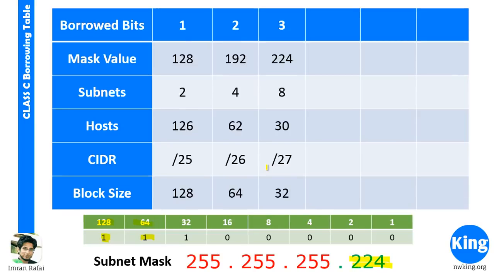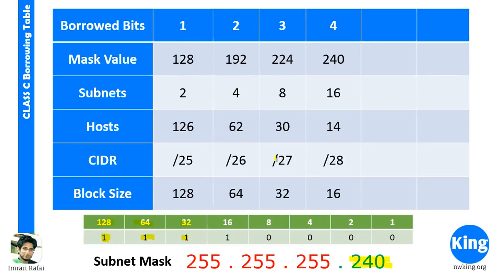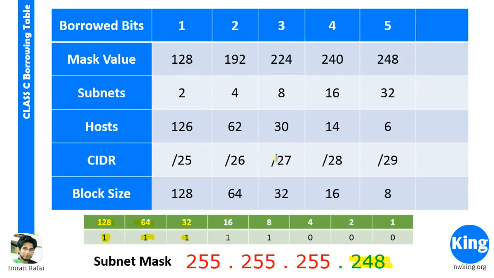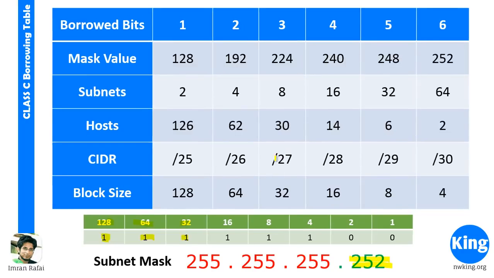Similarly, for 3 borrowed bits, the mask value is 224, as you can see at the bottom of your screen. That is also obtained by adding wherever you have 1: 128, 64, 32 is 224. That gives 8 subnets, the block size is 32, hosts is 32 minus 2, which is 30, and CIDR is /27. Similarly, this is 4 bits, this is 5 bits if you borrow, and this is the value for 6 bits.